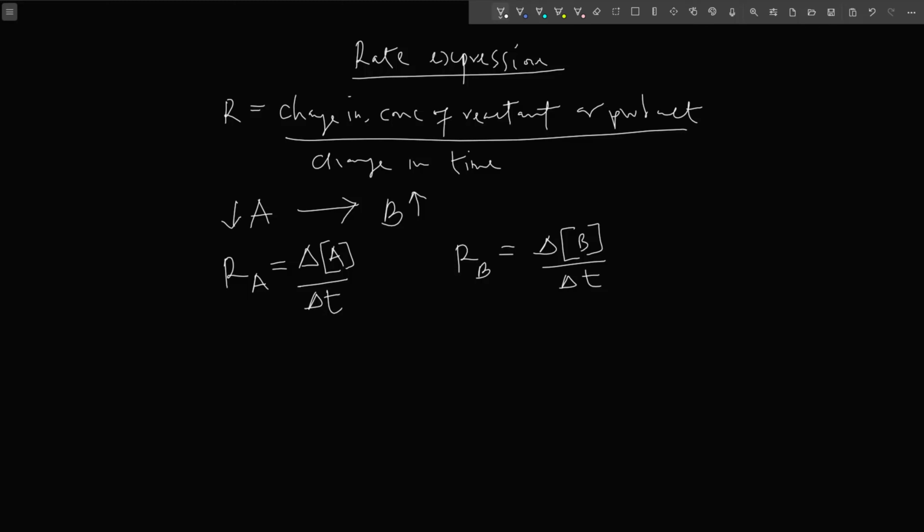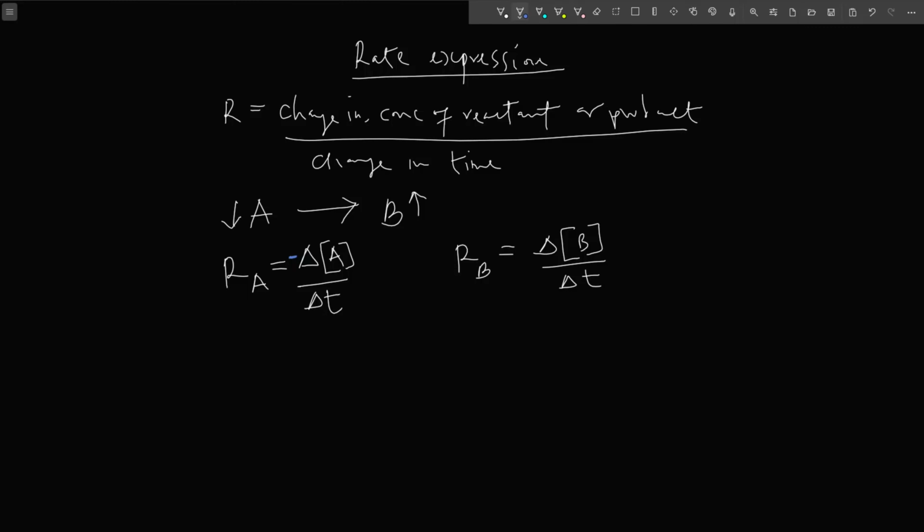But don't forget, the concentration of A is decreasing as the concentration of B is increasing. So therefore, how can we represent this? In my previous video, I explained that we use a negative sign. So this negative sign is telling us that the concentration of A is decreasing while the concentration of B is increasing.